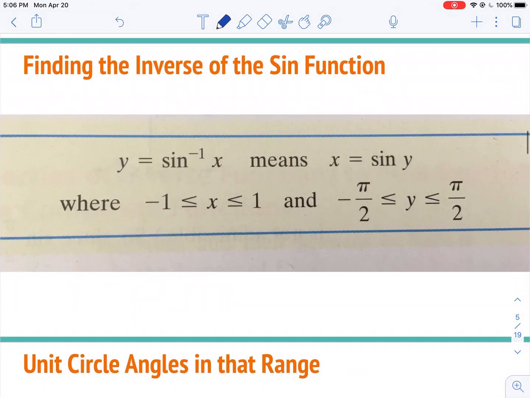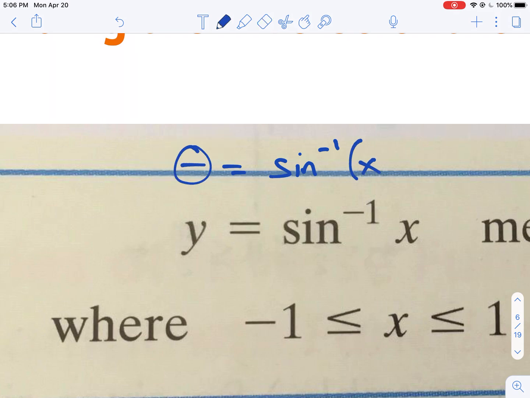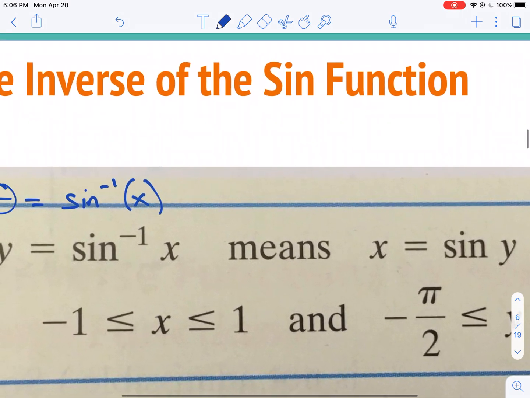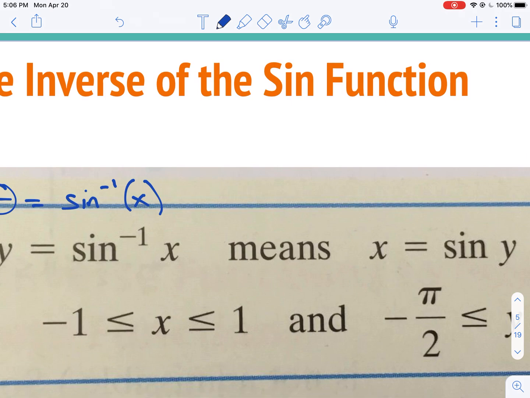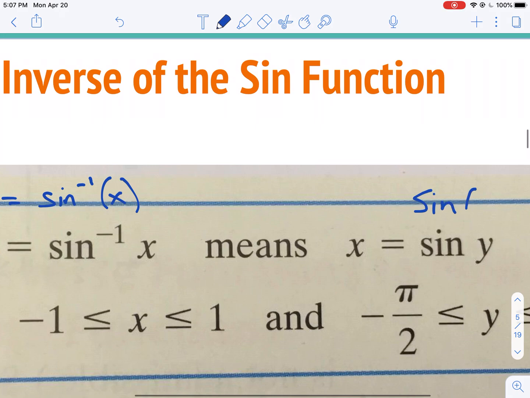So what this means is that if I'm finding the inverse sine function, when I say y is equal to the sine inverse of x, that means I'm saying x is equal to the sine of y. Again, this would better be reported as theta equals the sine inverse of x, which means my x value is equal to the sine of theta.